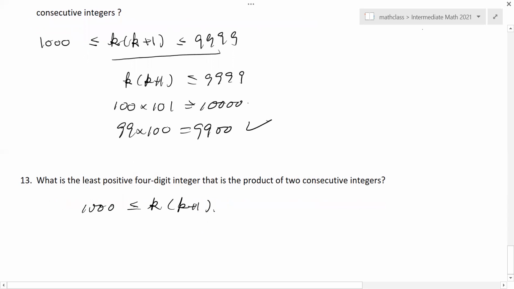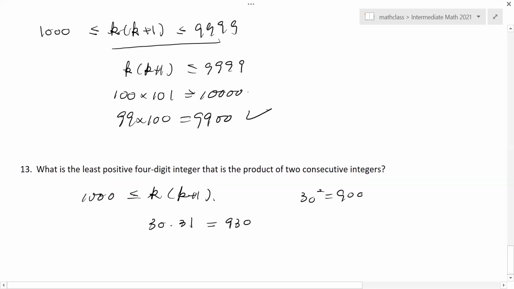And by guessing, I think I know 30 squared is 900. So I probably use k to be 30. I want to make it larger, right? So 30 times 31, well, it's going to be 930.